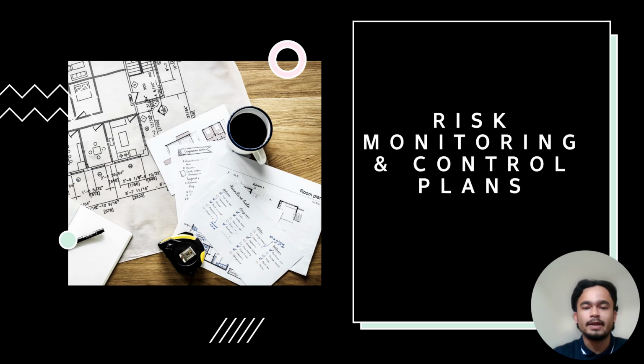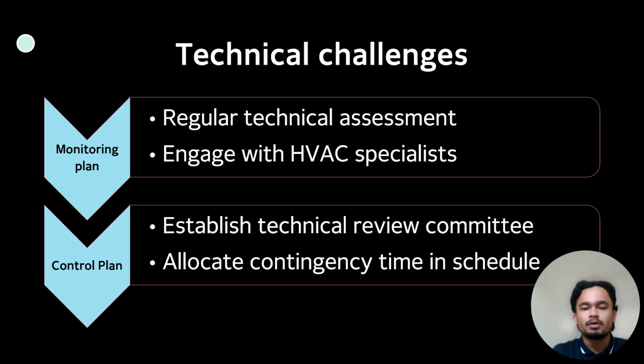Okay, for the next slide, referring to the risk identification which I have mentioned earlier, we will proceed to risk monitoring and control plans. For the first risk identification, which is technical challenges, the monitoring plan and control plan are as follows, which is displayed on the slide.